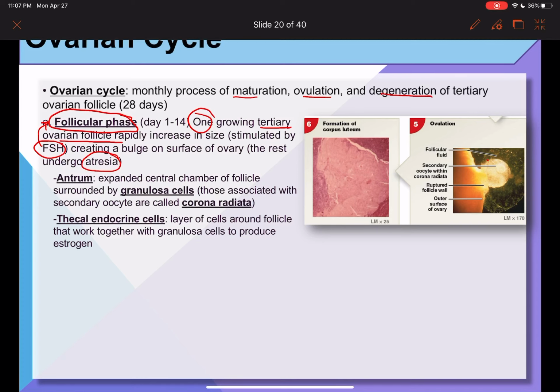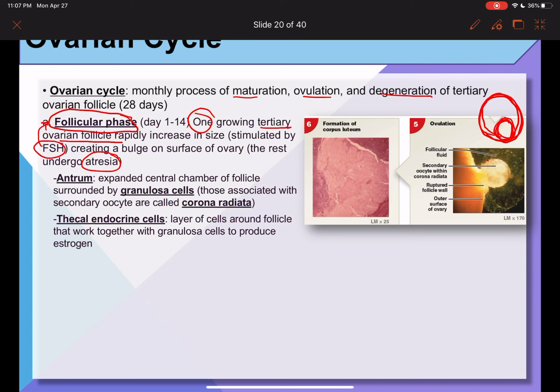And I already mentioned the different parts of the tertiary follicle. So you have the tertiary follicle and the secondary oocyte, and it's all lined by different cells. This empty area is called the antrum, which contains fluids for transferring nutrients to the egg. There are also granulosa cells that line the outside of the tertiary follicle, and corona radiata cells that surround the secondary oocyte.